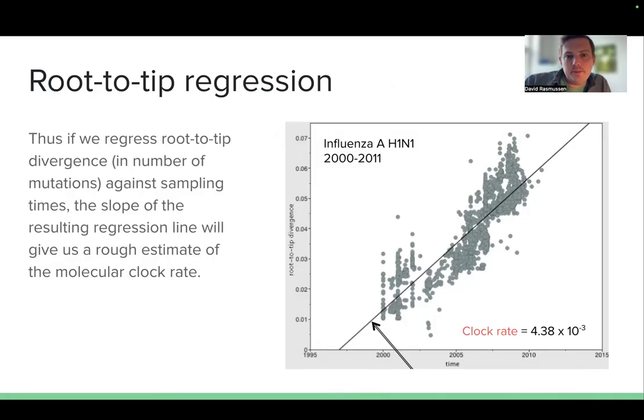And when we talked about these root to tip methods, the thing that we noted is that in this case, the slope of this regression line actually gives us an estimate of how quickly mutations accumulate per time. So it gives us an estimate of our molecular clock rate, which we can then use to convert branch lengths in units of mutations into branch lengths in units of time.